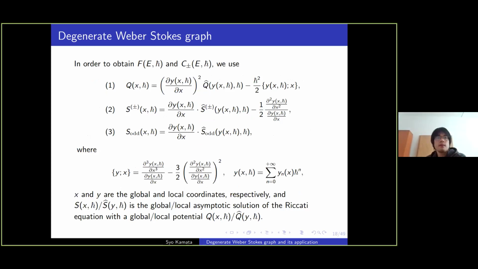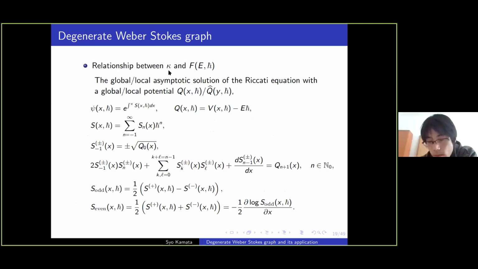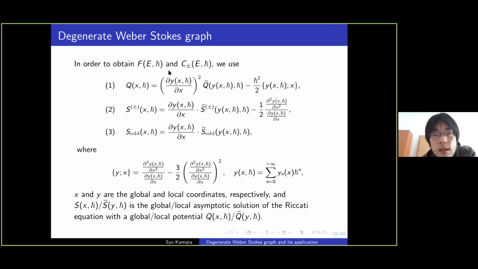In order to get F and C, we would like to use this relation, which can be obtained by explicit calculation, basically. For example, Q of x is basically V minus E, potential minus energy, where x is a global coordinate and y is a local coordinate.